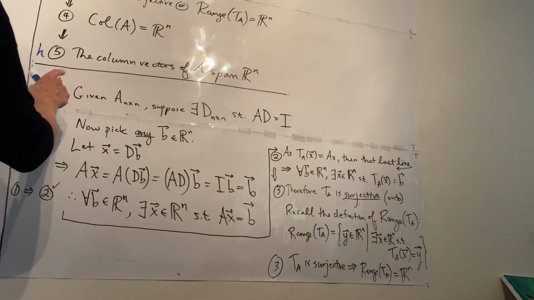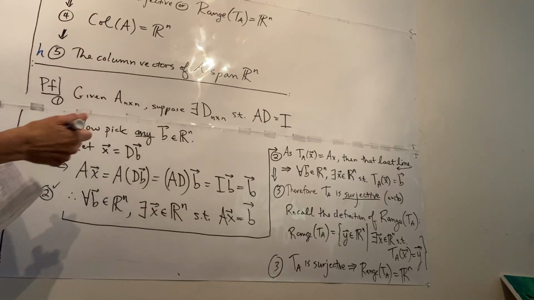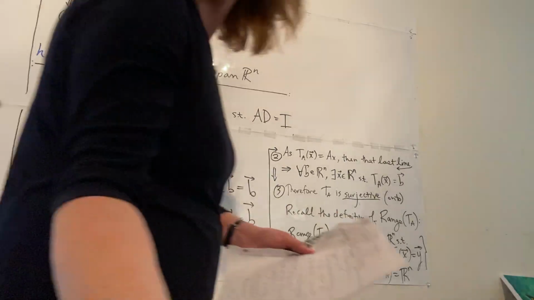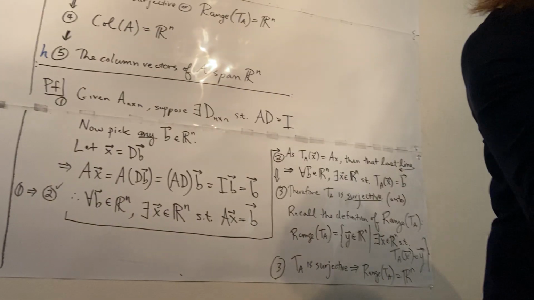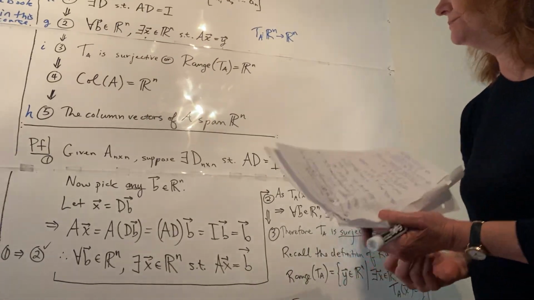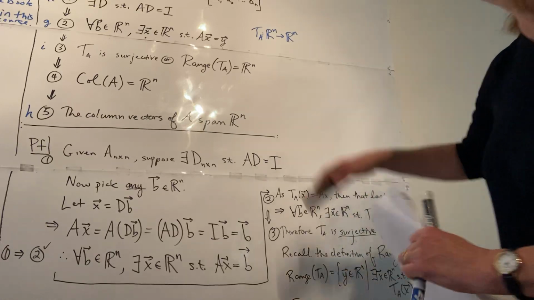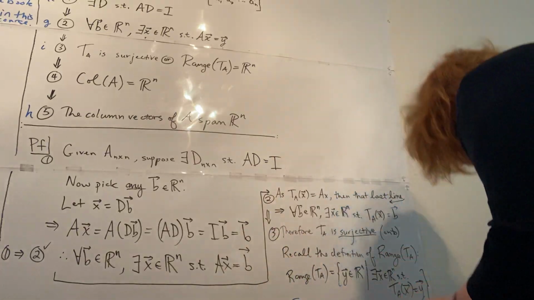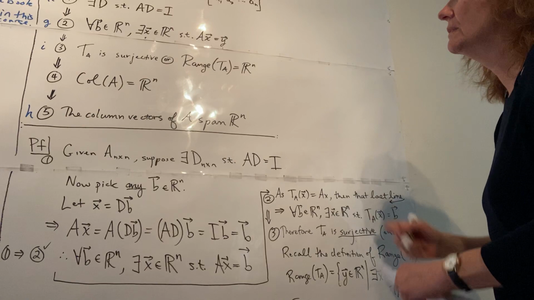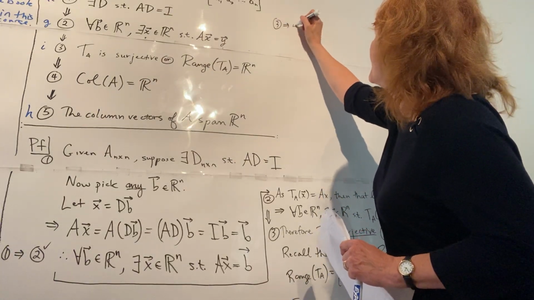Okay? So what have we got? We've gone from 1 to 2 to 3 to 4. Oops, now we have to go from 3 to 4. Put that here. So from 3 to 4, what does that look like?